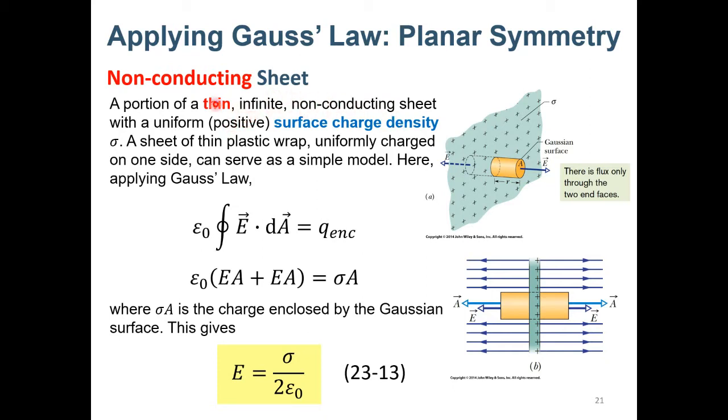So actually, non-conducting means there may be charge distributed inside a non-conductor object. However, here we assume that it is thin, which means infinitely thin, so it doesn't really matter if it is conducting or non-conducting.